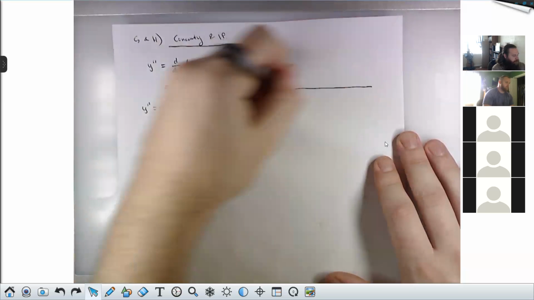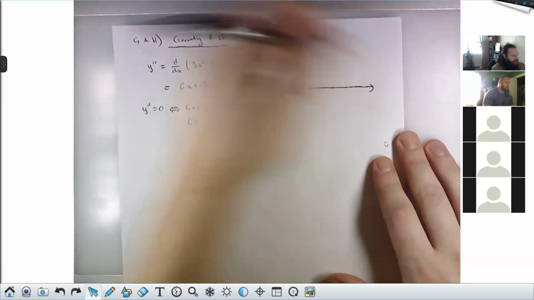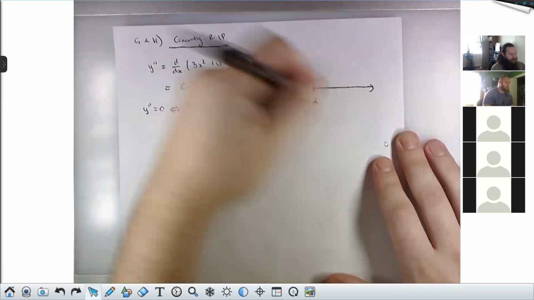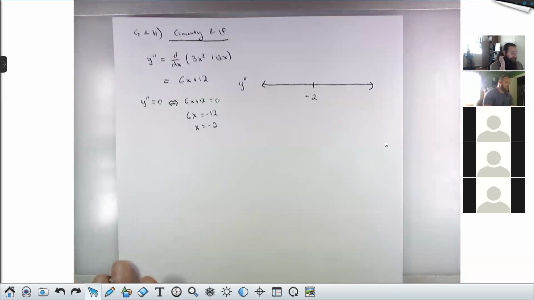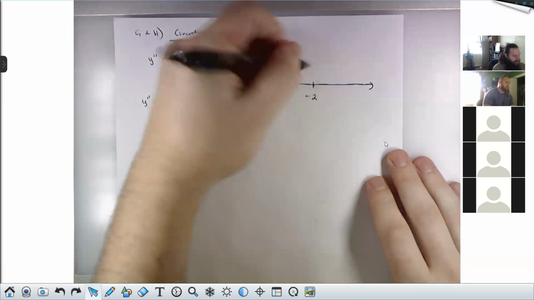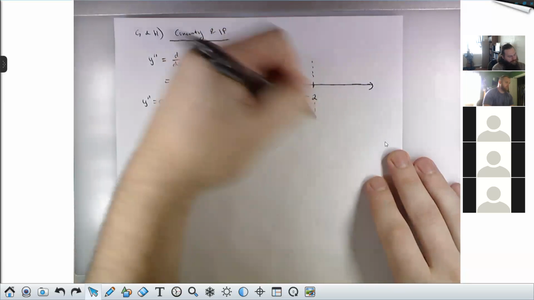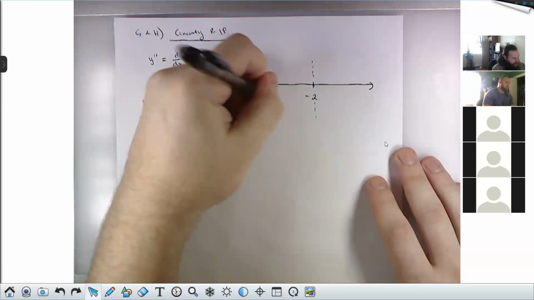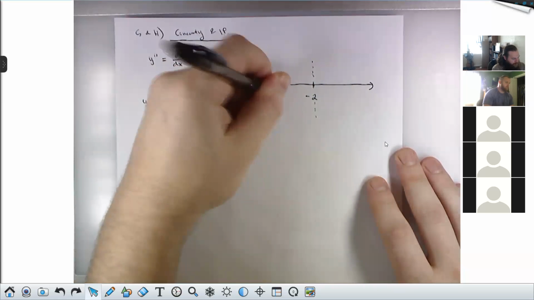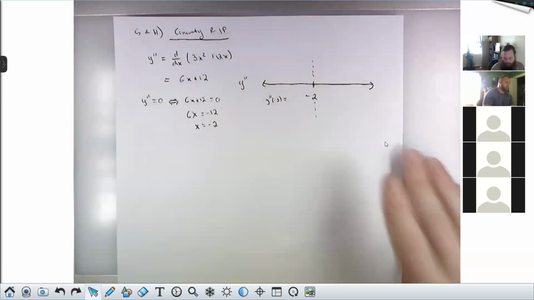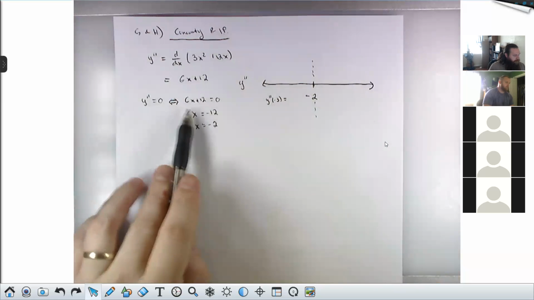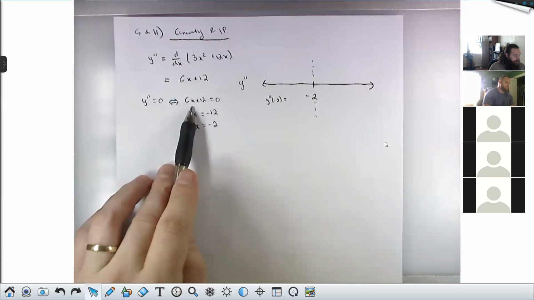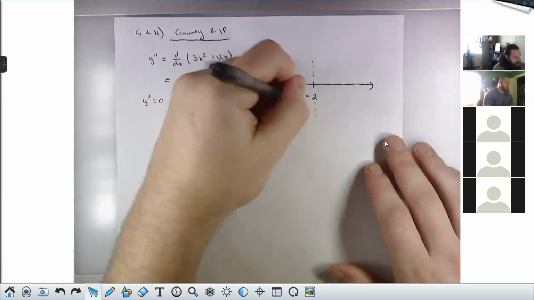So my number line for y double prime just has one thing on it, negative 2. To the left of negative 2, I could test something like negative 3. Y double prime of negative 3 is 6 times negative 3, which is negative 18, plus 12, which is negative 6.